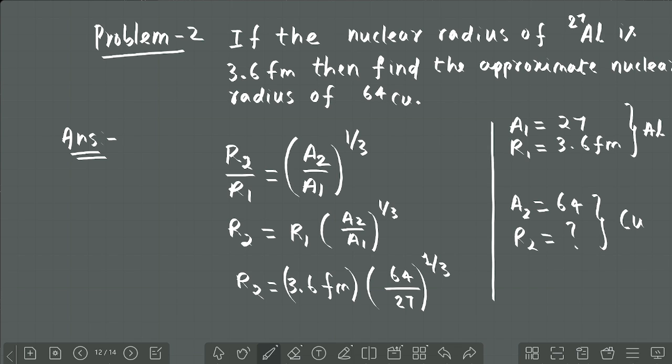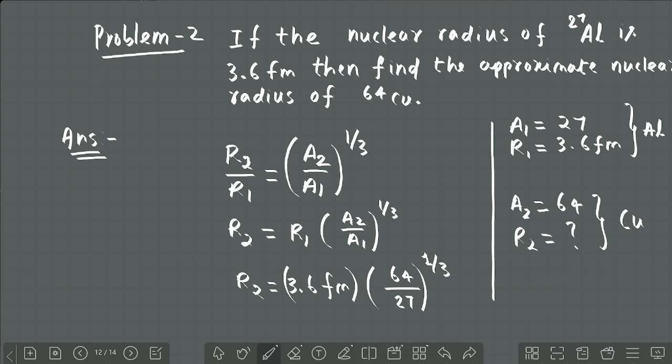R1 is 3.6 fermi, A2 and A1 values given you substitute, and 64 by 27 you write as 4 by 3 whole cube, because 4 into 4 into 4 gives 64, and similarly 3 cube gives 27.